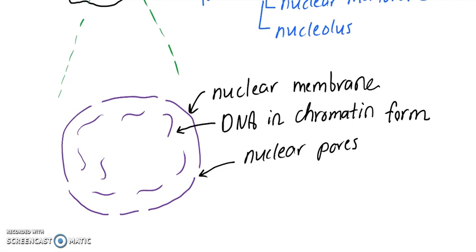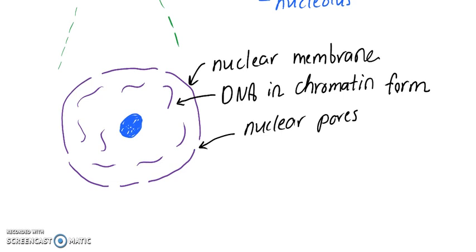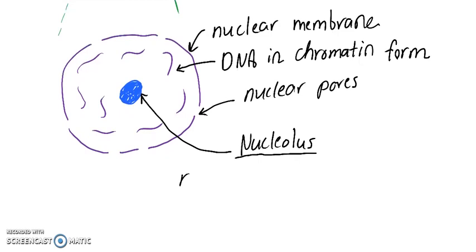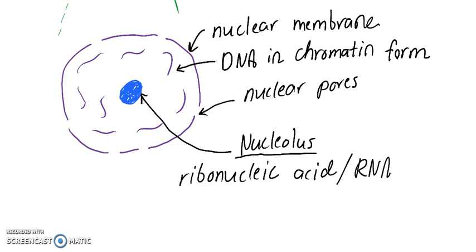Okay, and lastly, we have a darker dot in the center. This here is called the nucleolus. Let's talk about this for a sec. This contains ribonucleic acid, or we can abbreviate this to RNA.